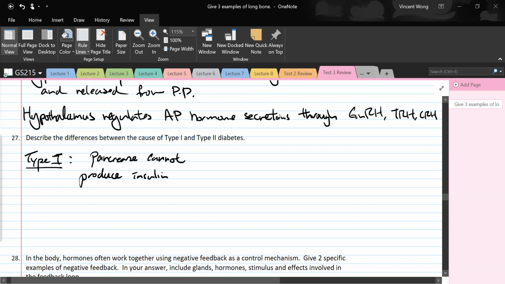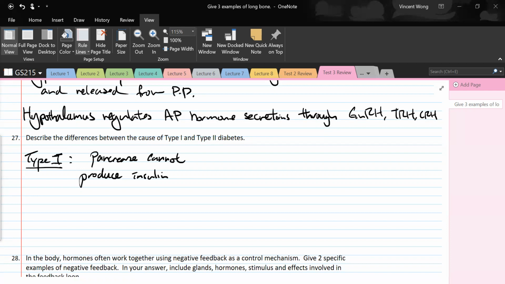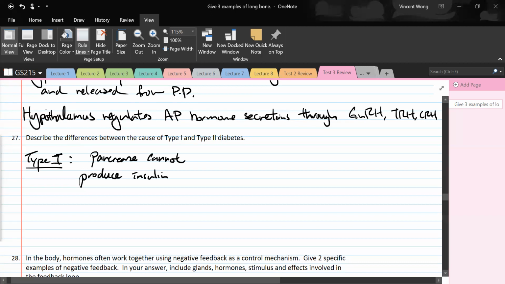The most common reason for that is autoimmune disorder. Your immune system attacks the insulin producing cells in the pancreas, those are the beta islet cells. And without insulin, the person cannot absorb the glucose. So these people would have high blood glucose.